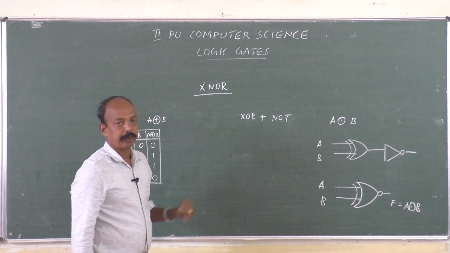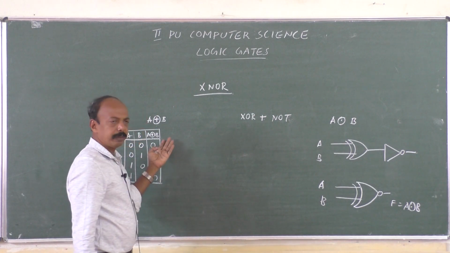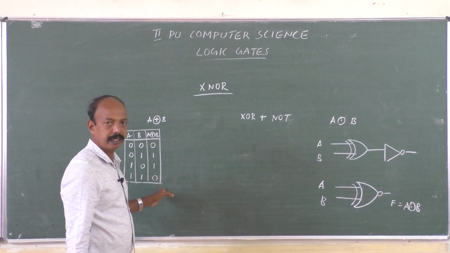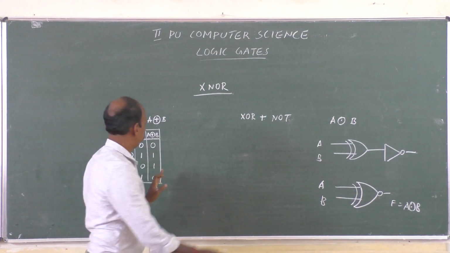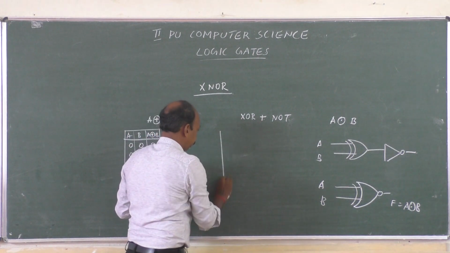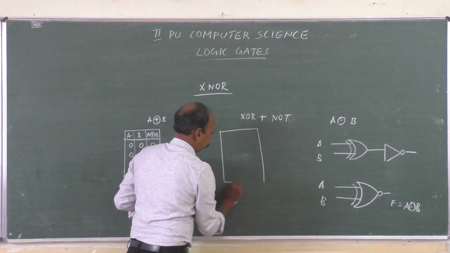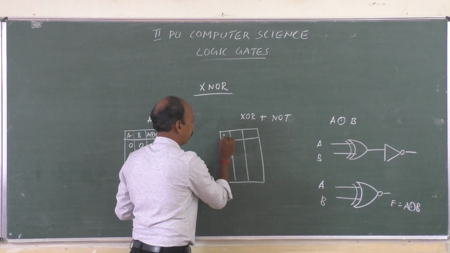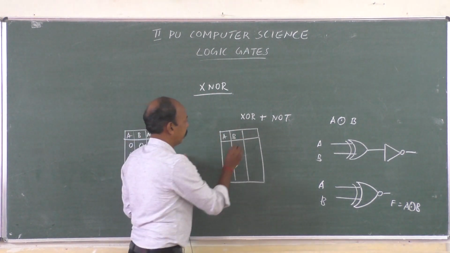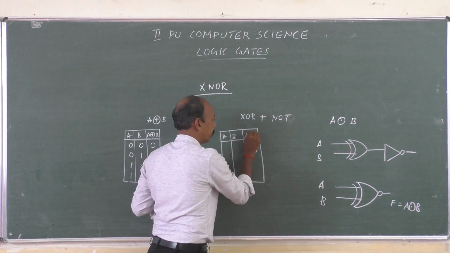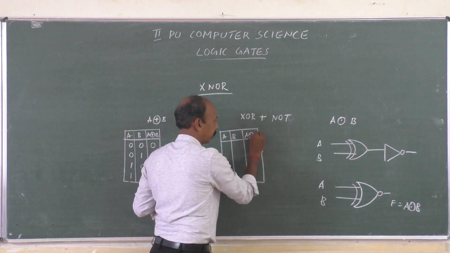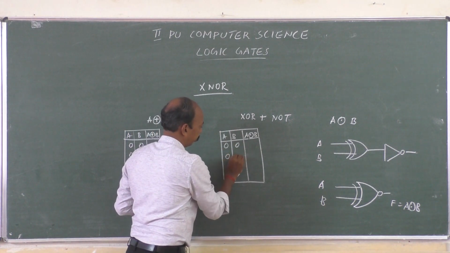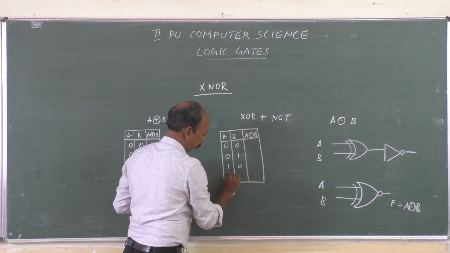That's about XNOR. So what will be the difference between this and that? Whatever answer we are going to get here will be complemented. That's why now we shall write A, B, A XNOR B, that is dot inside the circle, B: 0 0, 0 1, 1 0, 1 1.